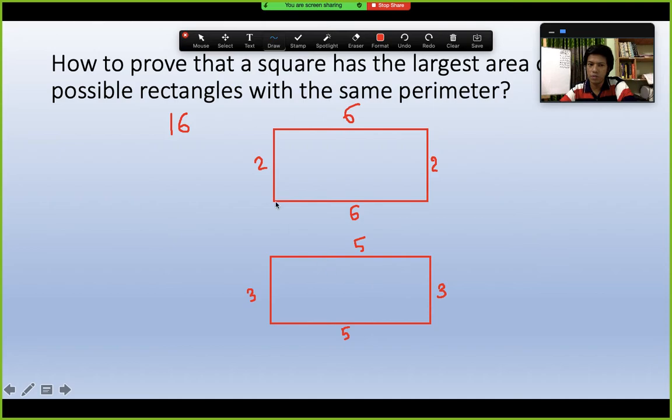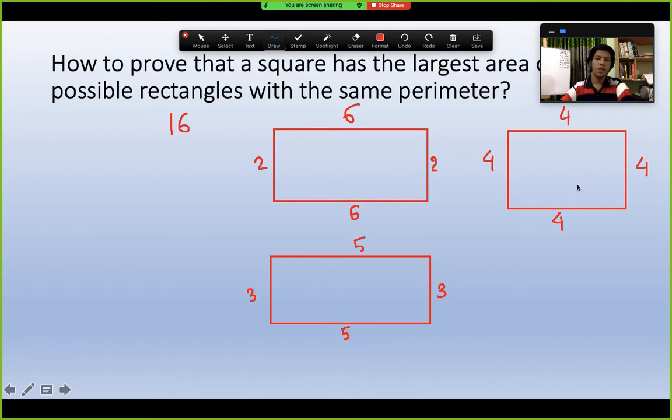This is also 16. Then we can make it like this also, where we write 4 everywhere. This is also a total of 16.